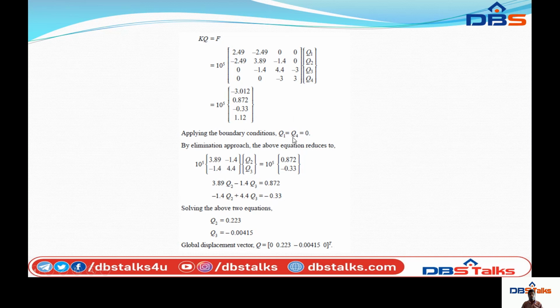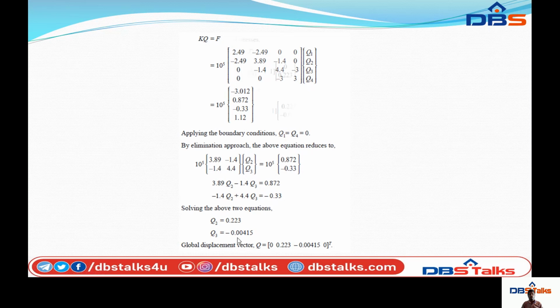Based on the boundary conditions, I'm cancelling row 1, row 4, and parallelly column 1 and column 4. After cancellation, the remaining values are 3.0, 3.89 minus 1.4 Q2 that equal to 0.872, minus 1.4 plus 4.4 Q3 that equal to minus 0.33.